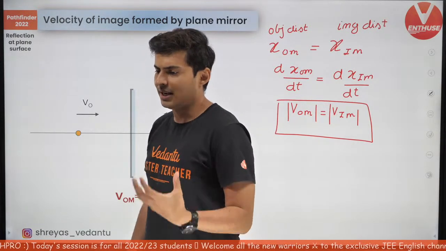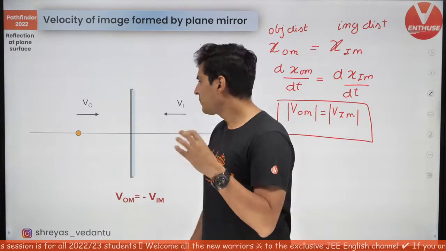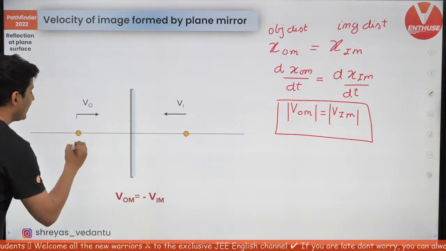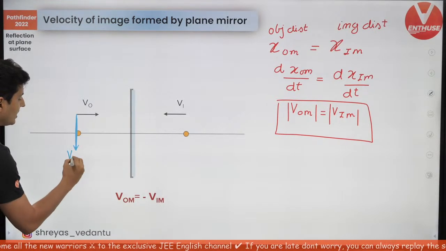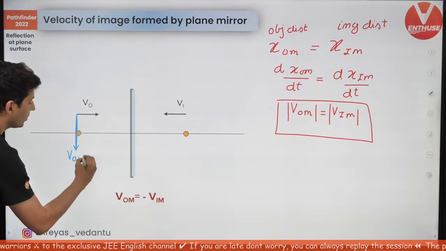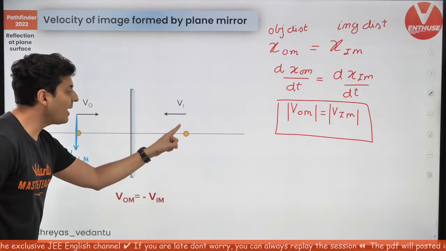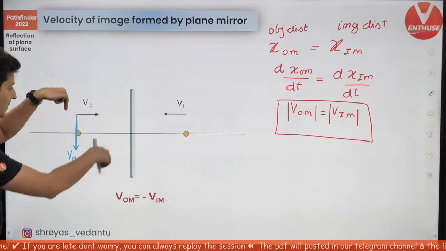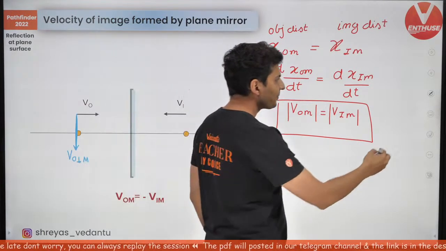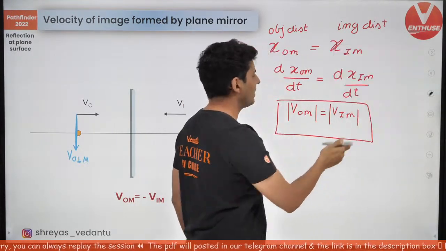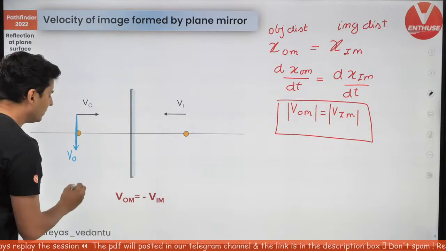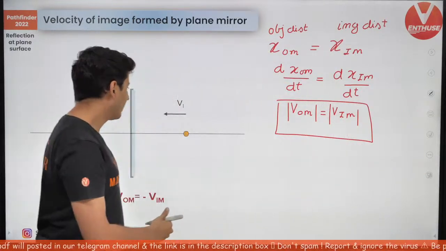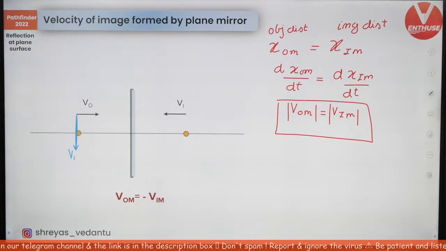Now I have a question for you. What if the object has a velocity here? This is the velocity of the object perpendicular to the mirror. Then what will happen to the image velocity perpendicular to the mirror? And if there is some other component parallel to the mirror, let's say this V1, then what will happen to it?